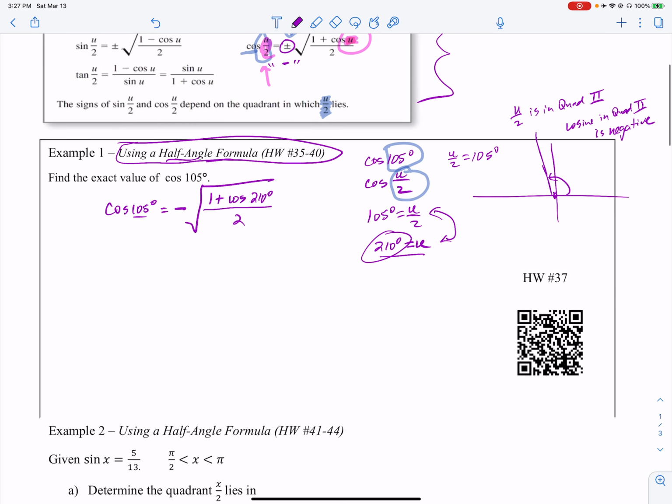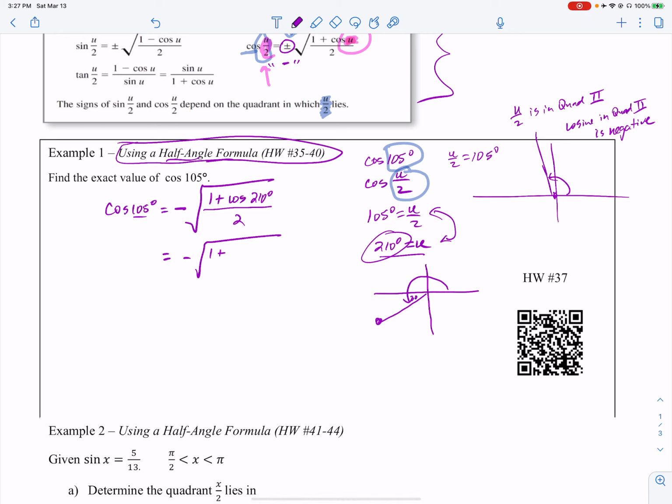So now I'm going to evaluate and simplify. So I should know the cosine of 210 degrees, but I need 210 degrees is 30 beyond 180. So it's 180 plus 30 degrees.